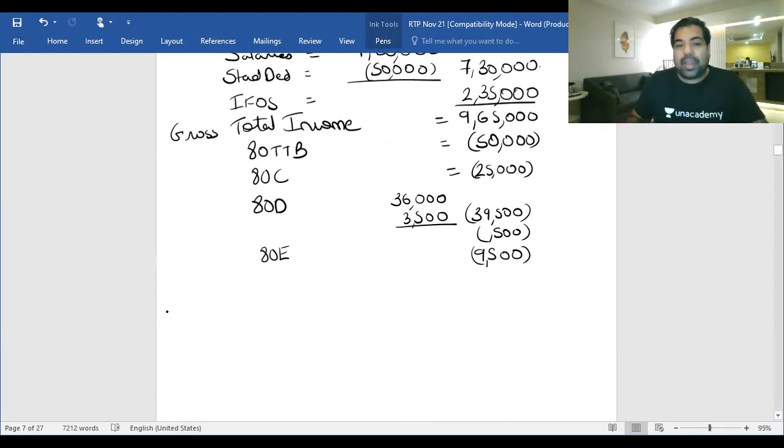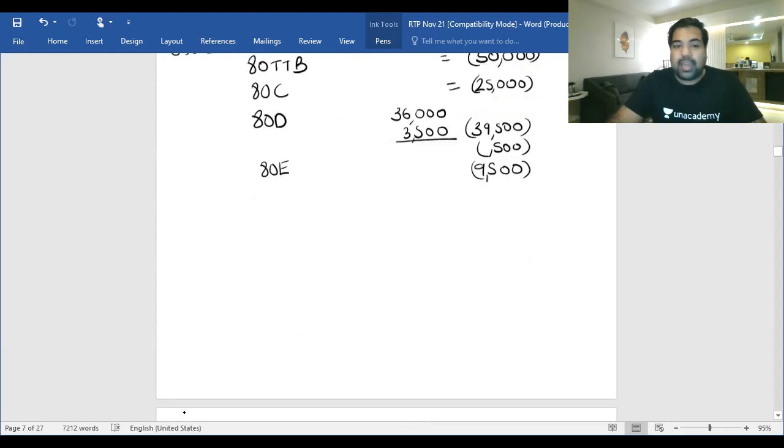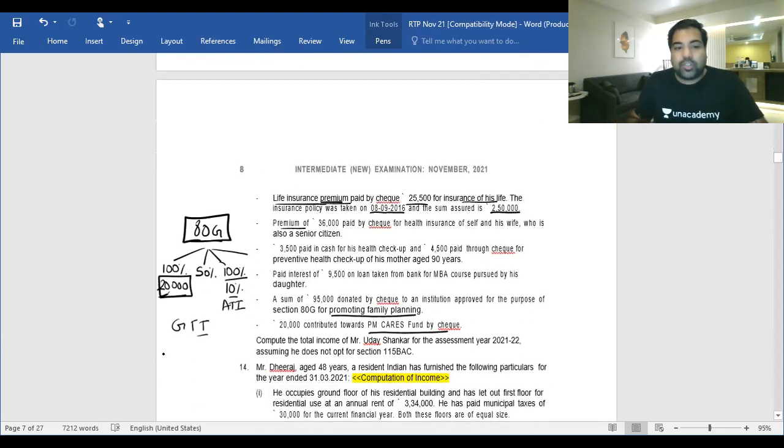So the adjusted total income is 8,39,500. So 10% of that, or 95,000, whichever is less.